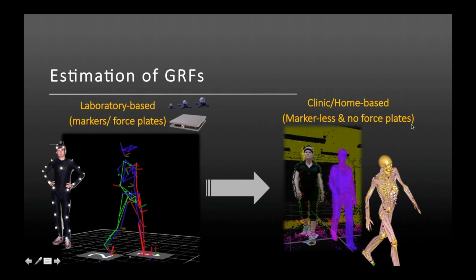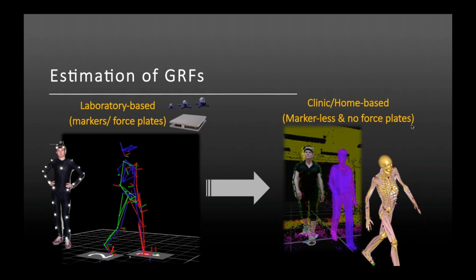This can hopefully be done in clinics, can be done at home, where physicians can evaluate their patients almost on a daily basis if needed, rather than waiting to visit every 3 months or 6 months and using subjective measures. So this is pretty much the driving force behind this work.